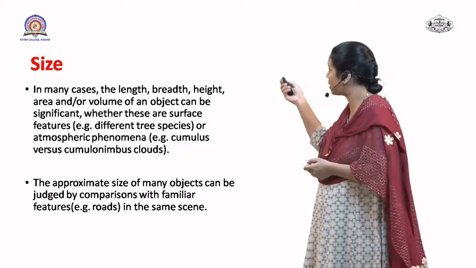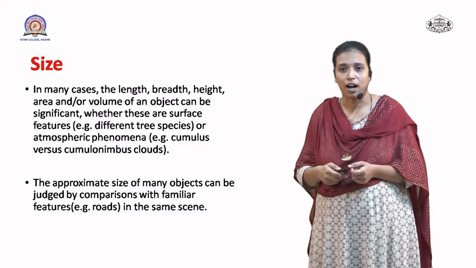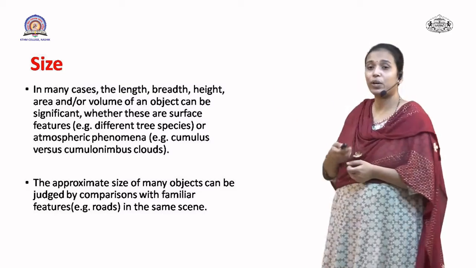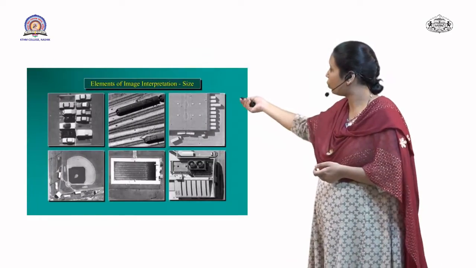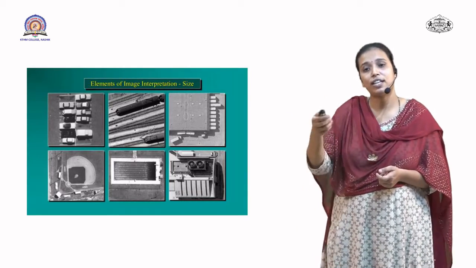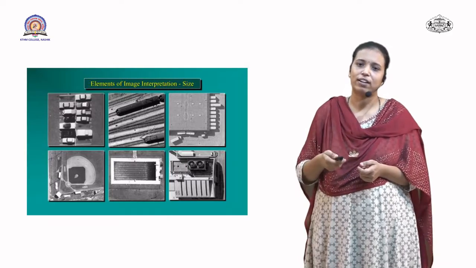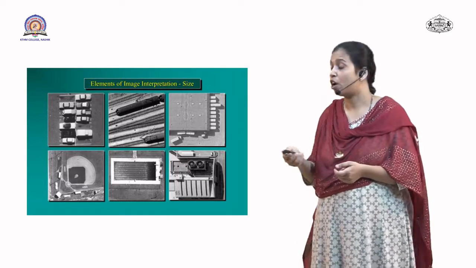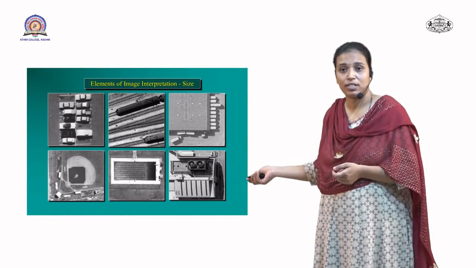So likewise, from this image you can identify that in the first image you can see small rectangles. So from that size you can identify that they are cars. Then the second one, you can see the lines, so it may be a railway track. In the below row, in the first one, there is a rectangle, or you can see a right angle, and there is an oval attached to it. So it may be a basketball stadium or baseball stadium.